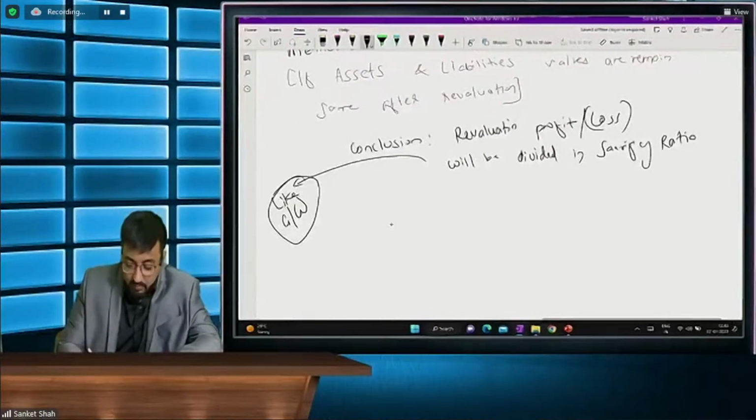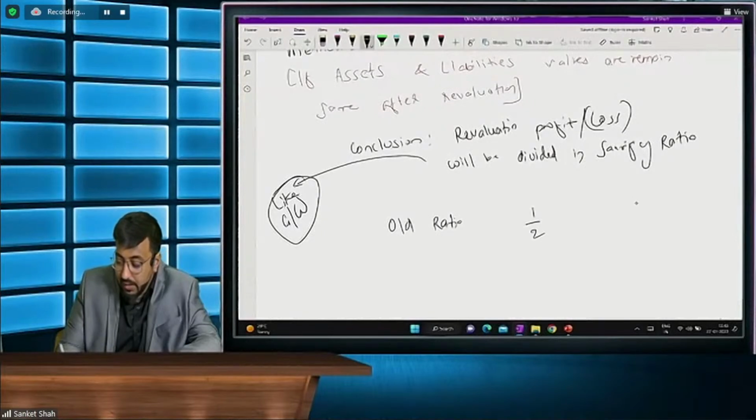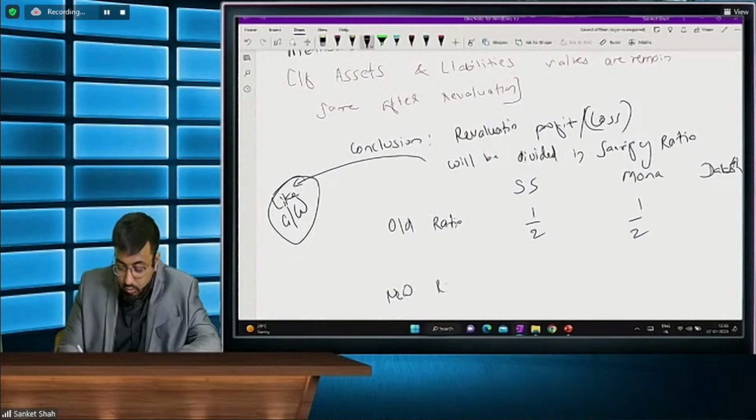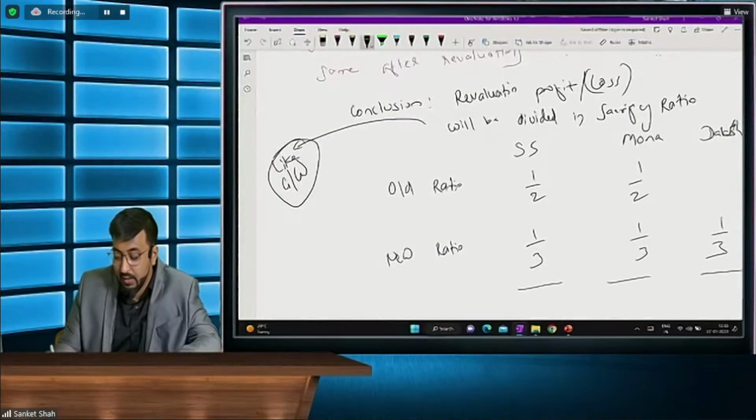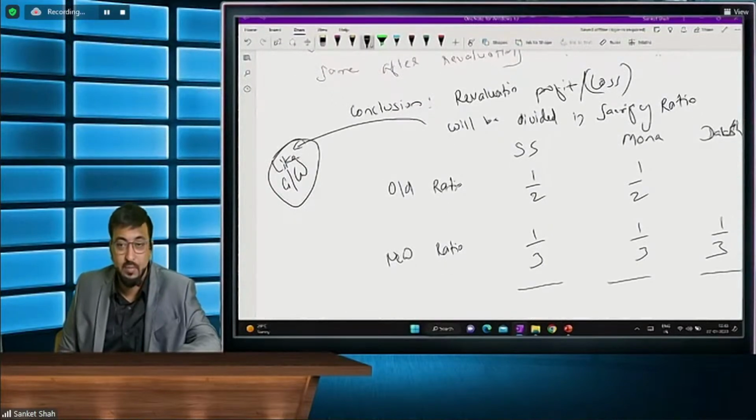Sir, here, old ratio 1/2, 1/2. SS, Mona, Daksh. New ratio 1/3, 1/3, 1/3. So calculate sacrificing ratio.